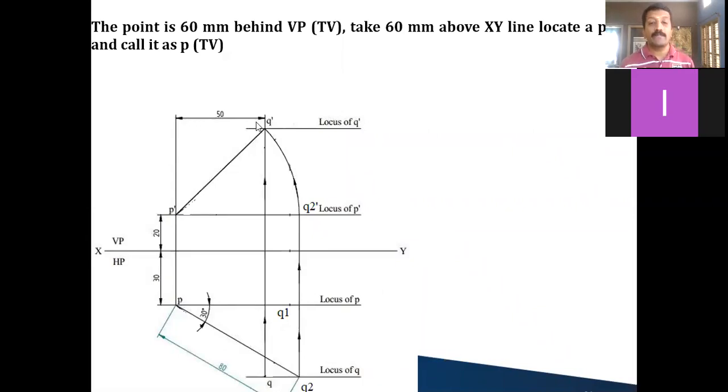This is the end projector distance. You draw a vertical line like this. Draw a vertical projector line from P or P dash. Wherever this vertical projector line cuts the locus of Q, you mark this as the Q itself and join this with a thick line PQ. So this is the top view.